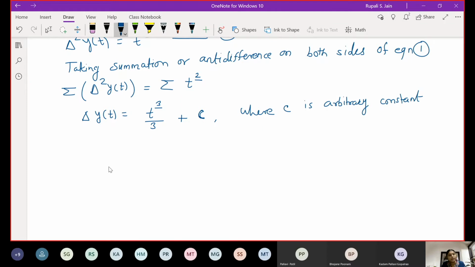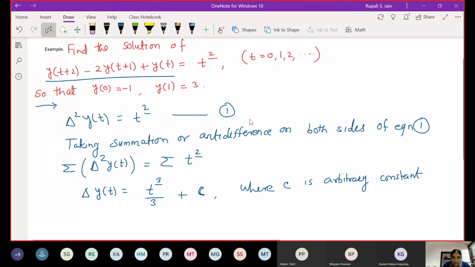Why am I not taking C of t here? Because my domain of definition is integers, and when the domain is integers, C of t reduces to C only. Is it okay?